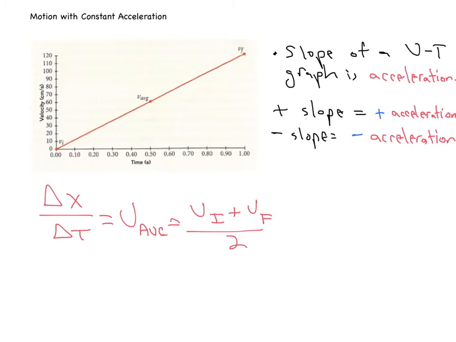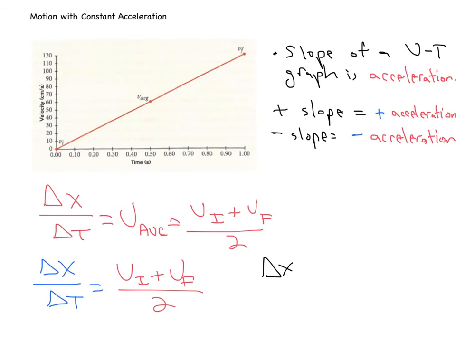What we can then do is we know that since these two are equal, since they both equal the average velocity, we can set them equal to each other. So we end up with a situation like this. Delta x over delta t equals vi plus vf over 2, which if we rearrange this, we now can have a new equation, and the new equation looks like this.